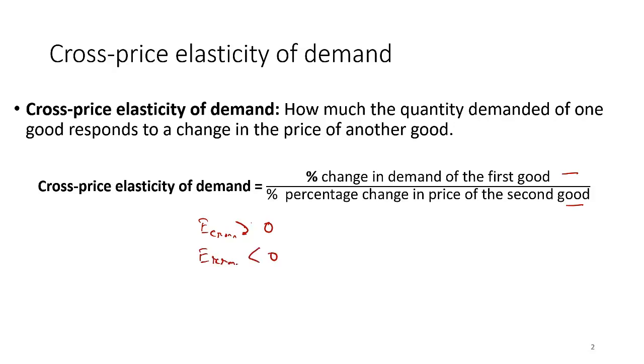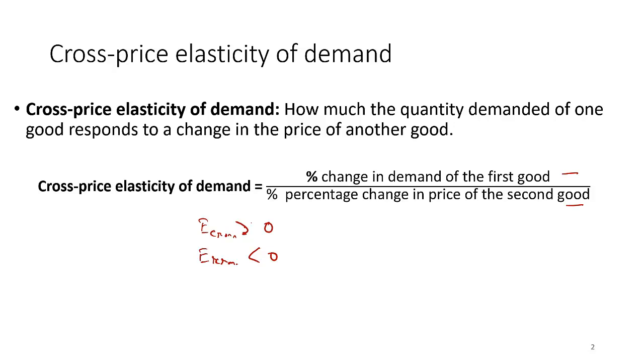If it is greater than 0, that means as the price of the second good increases, quantity demanded of the other good increases. On the other hand, if it's less than 0, if the price of one good decreases, that essentially means that the quantity demanded of the other good increases.